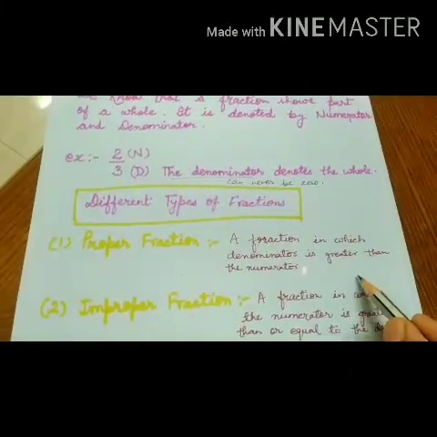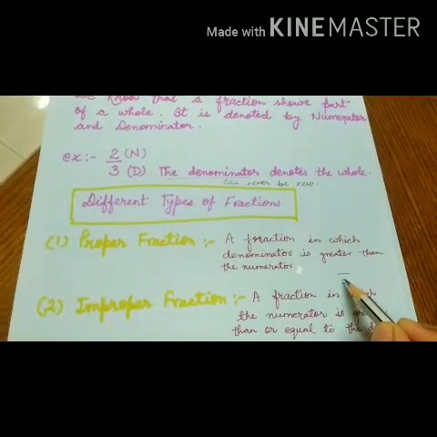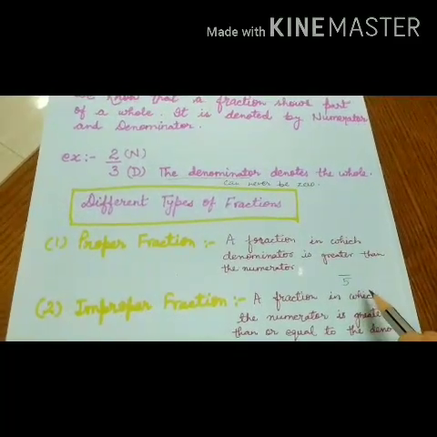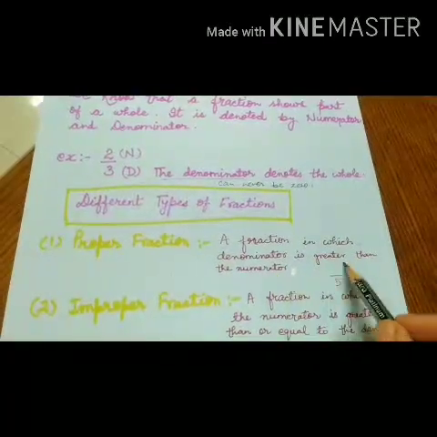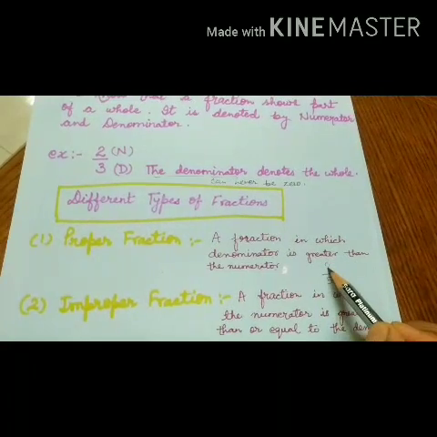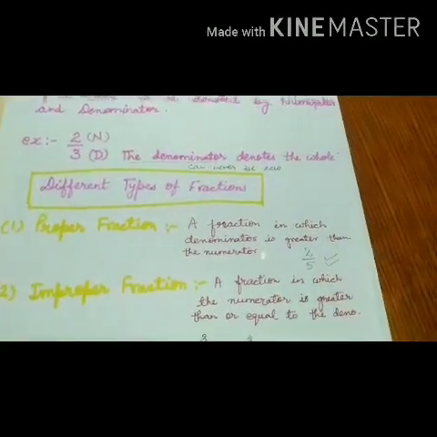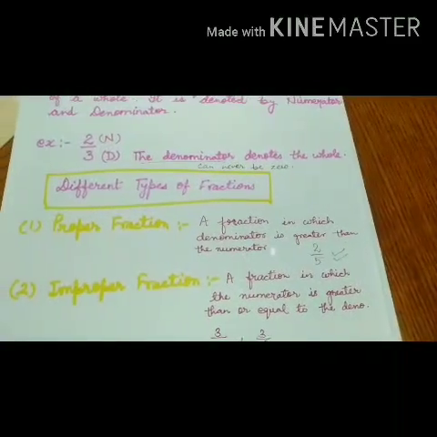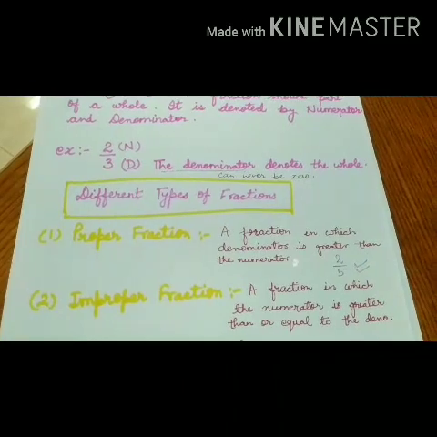Denominator means the down number, the bottom number. Say I have written 5 in the denominator. So in a fraction where the denominator is greater than the numerator, the numerator is always the smaller one. Say I have written 2 by 5. So it is a proper fraction, where the denominator is greater than the numerator.